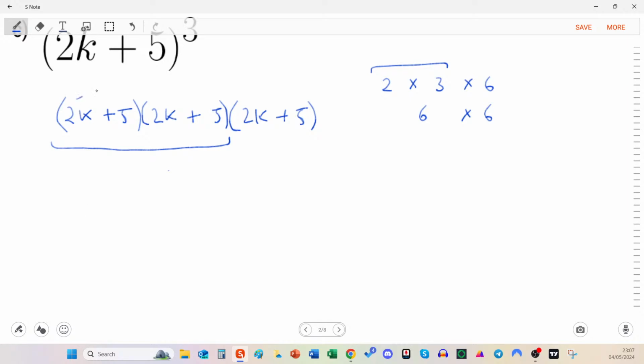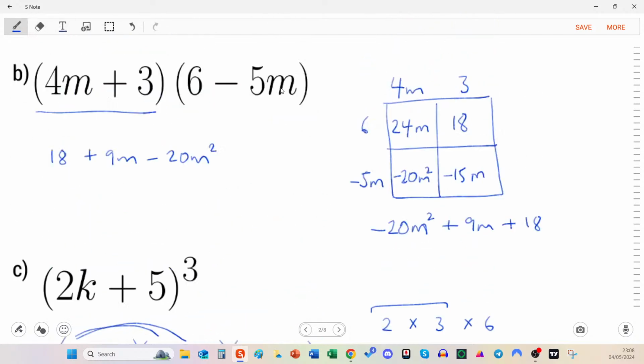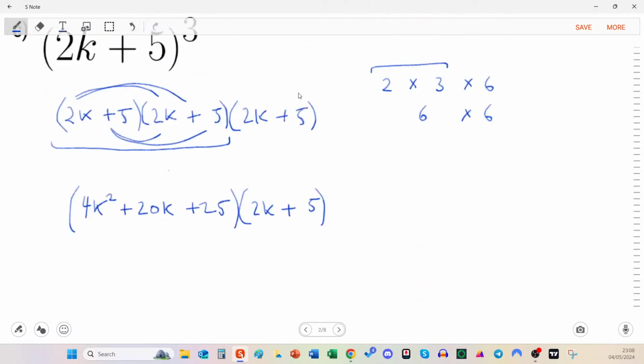So if we expand these brackets, we get 4k squared plus 10k plus 10k, so plus 20k plus 25. Now that's me doing it without the box method. Just hope we didn't make any mistakes. Sometimes you don't know you've not made a mistake, even if you double check. Stick with what works for you.